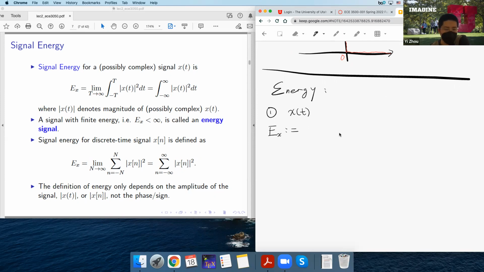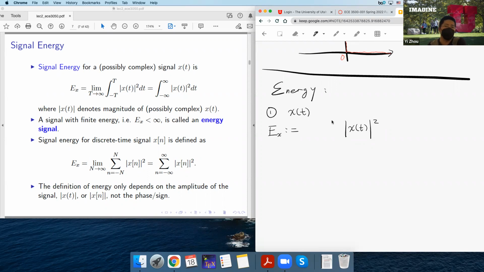I'm looking at the magnitude of this signal, raised to the power of 2. If you take a circuit course, you know that something to the power of 2 represents the kind of energy of a current or voltage signal.